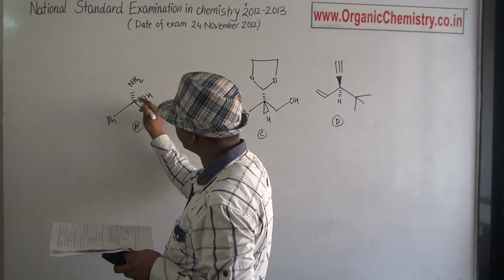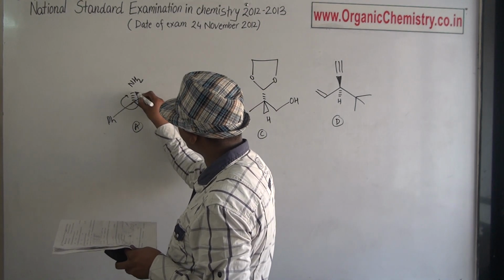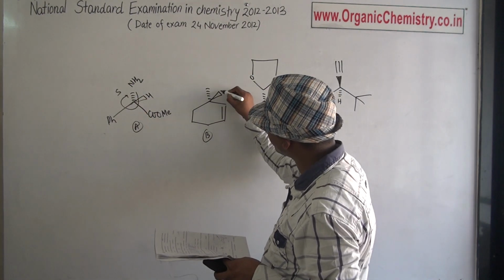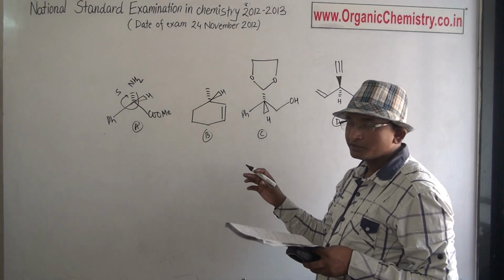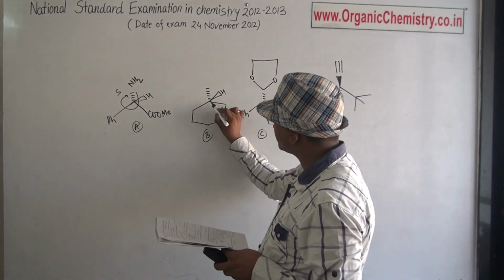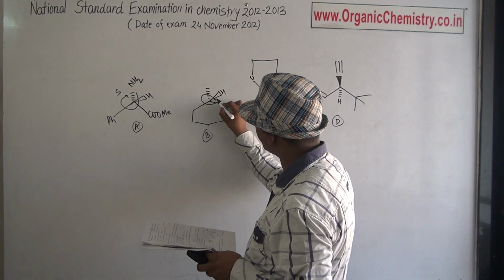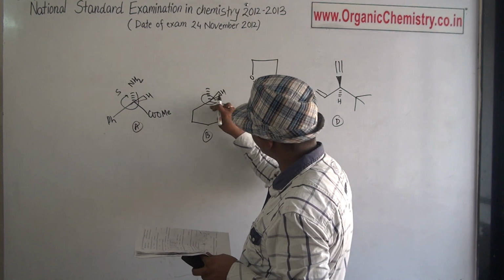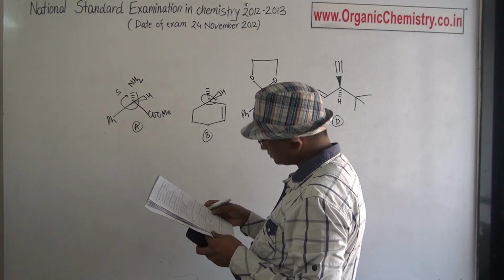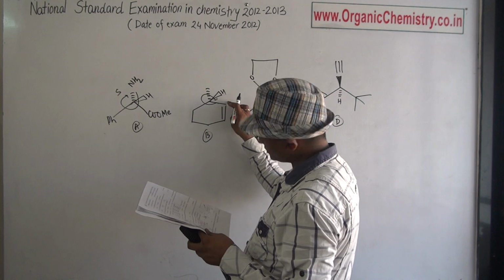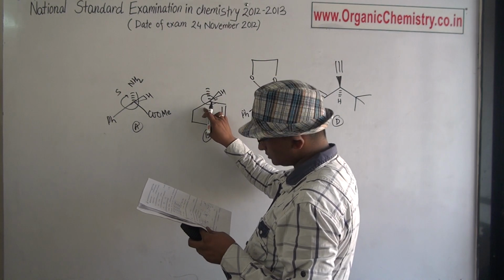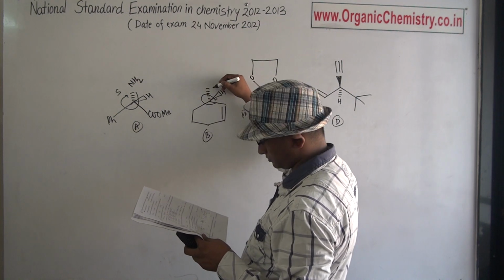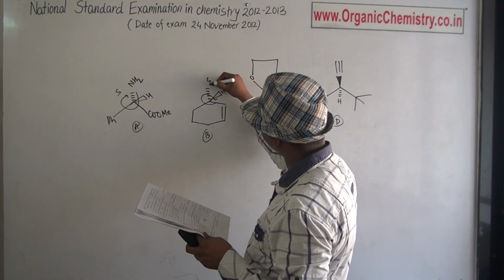First, second, third looks as R, but it will be S. In this particular part, again the lowest priority H is above the plane, so just inverse. This is first, this is second, this is third, looks as S.